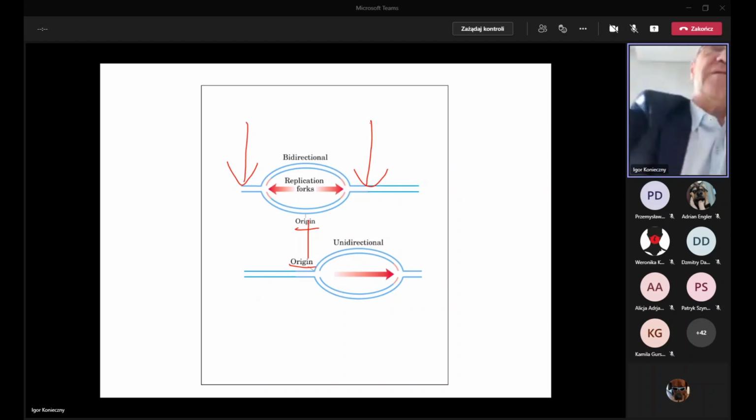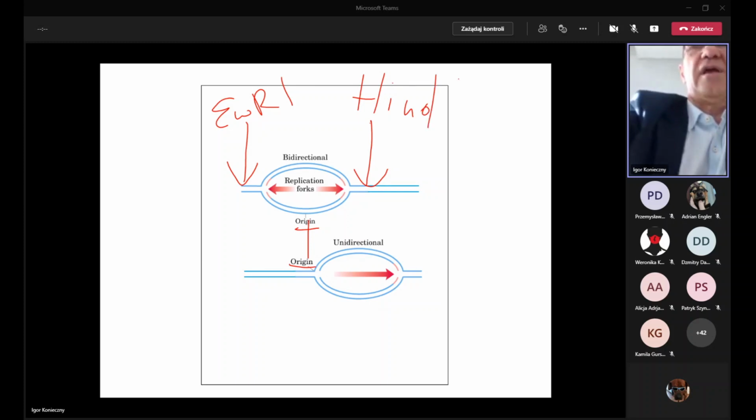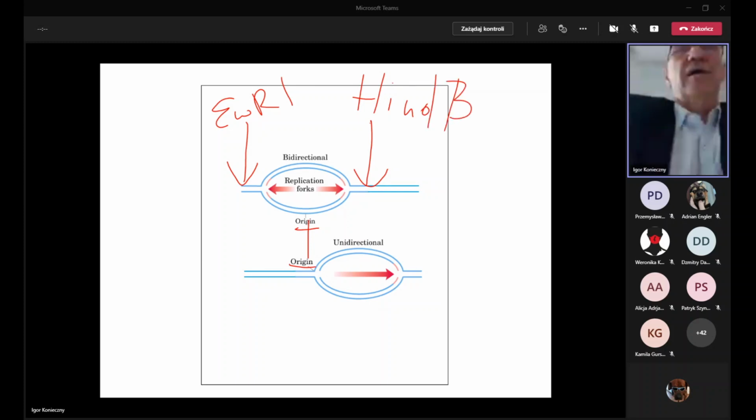Let's say that this is the EcoR1 enzyme, and here you have Hind 3. So you have the landmarks of the positions of the cuts, but the substrate after this cut is going to be this bubble-like structure over there.